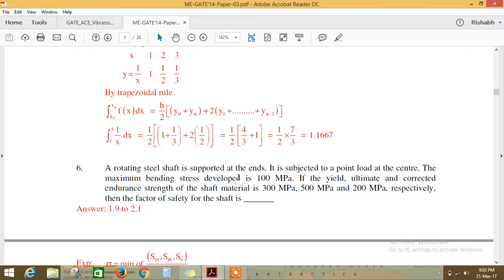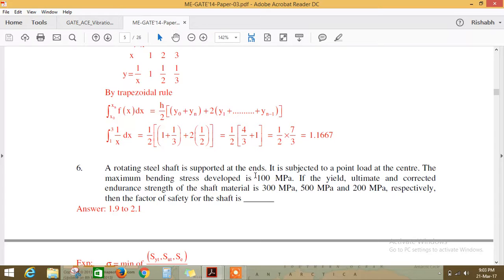So stress amplitude is zero here, and mean stress is 100 megapascal. You should be able to identify this by reading the question. When stress amplitude is zero and mean stress is given, all the three equations become identical.